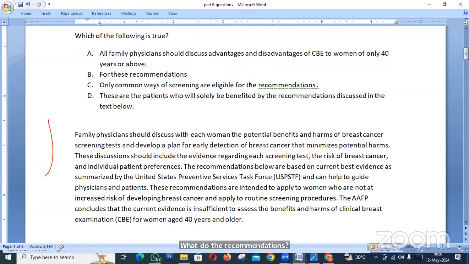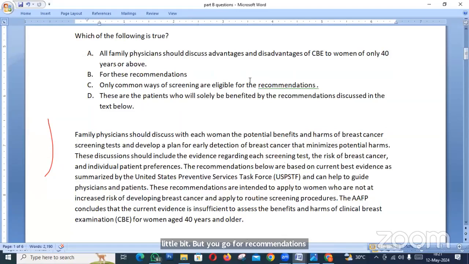Like you're asking about the seventh paragraph. I am trying to change it, make it clear, paraphrasing. I'm trying to change the question a little bit. Eligible for recommendations.